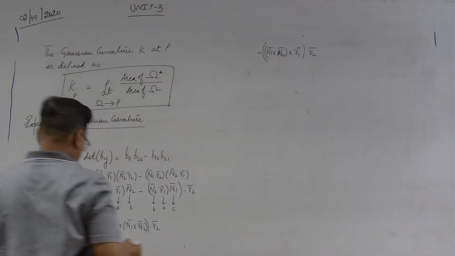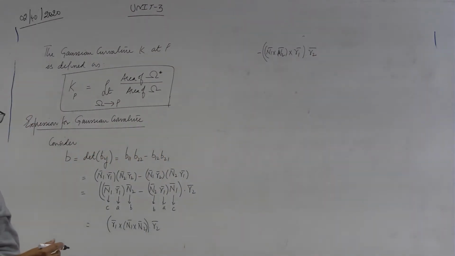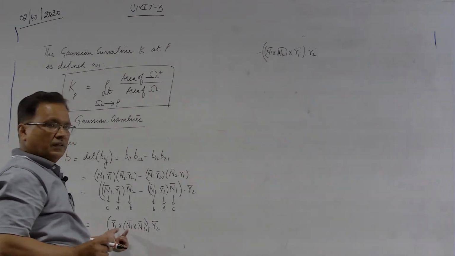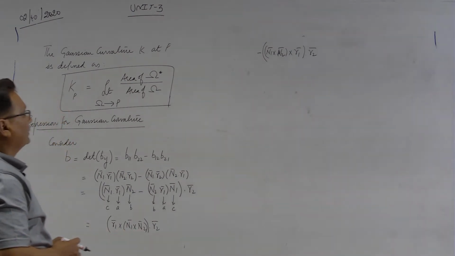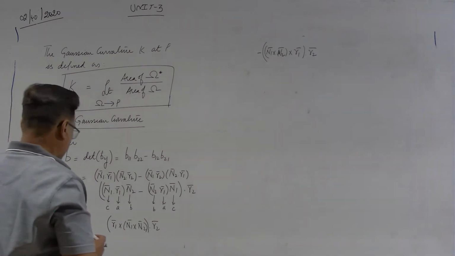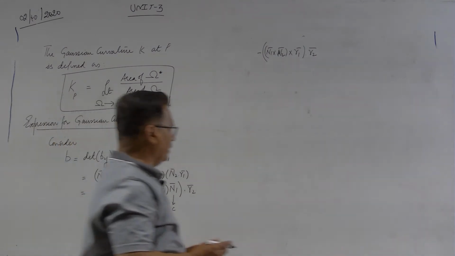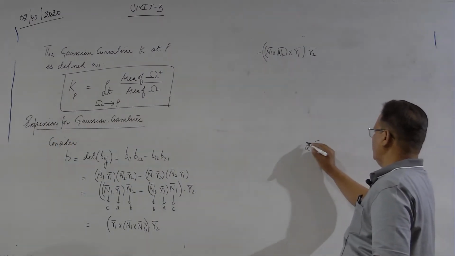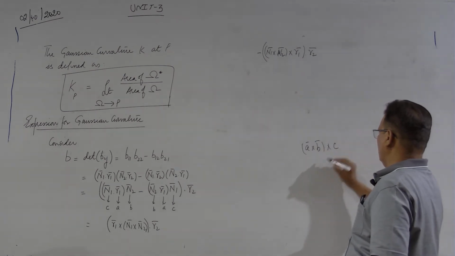Is it okay? Positive. If I interchange, there will be a negative sign, but it should not be negative. In fact, this formula should have been written for A cross B cross C, or it is like this.